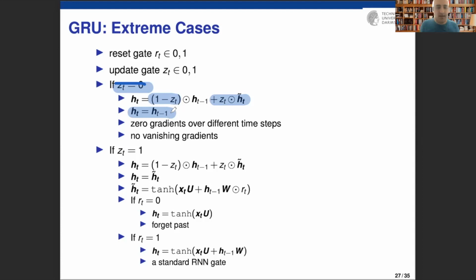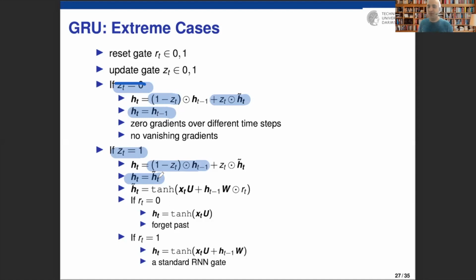Okay. But what happens if the value of the update gate is 1? Then this part is 0 and this part equals h~_t, which means h_t equals the new content of the memory. In other words, you want to update the content of the memory conditioned on the input token. The only difference from the standard RNN is that you do not update the whole memory completely.